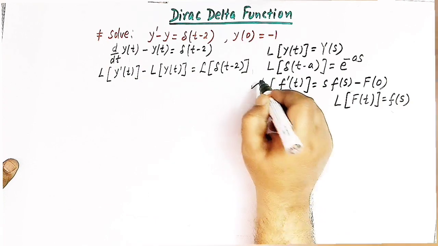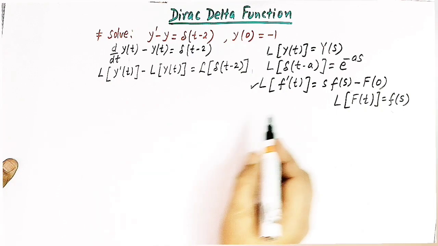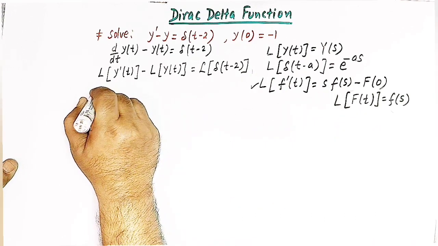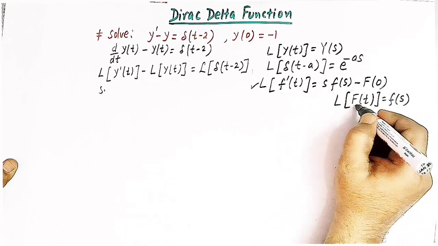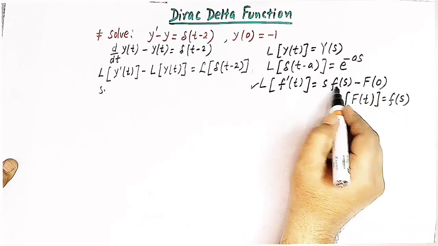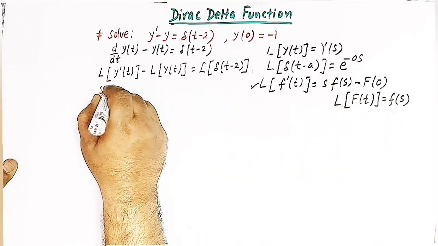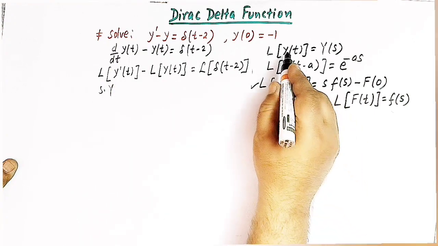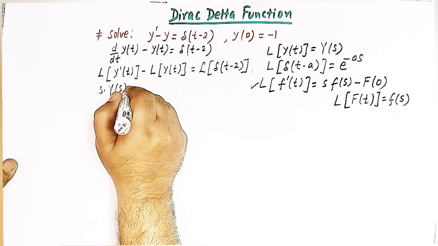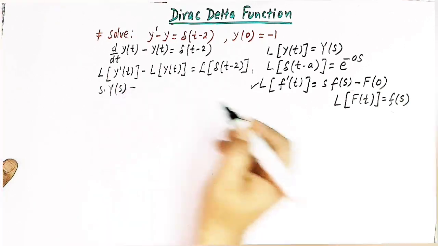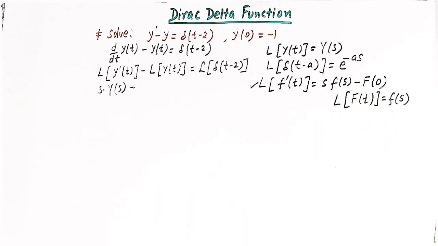So using this result for y prime of t, we can now write s times the Laplace transform of y of t, that is capital Y of s, and then we have y of 0, because here we have f of 0.